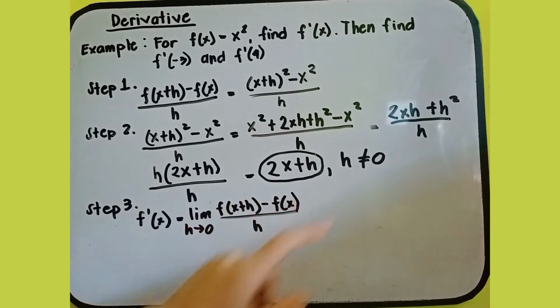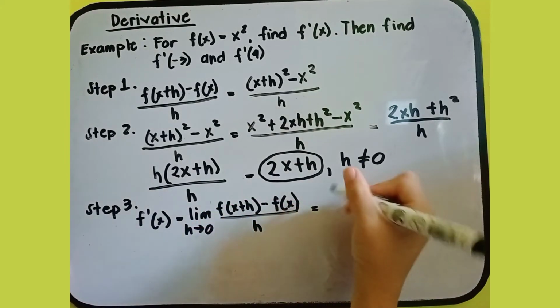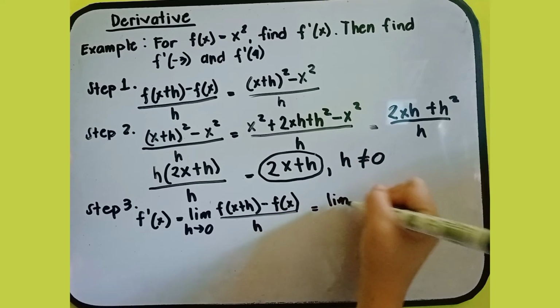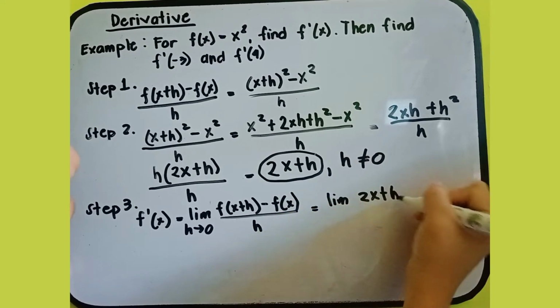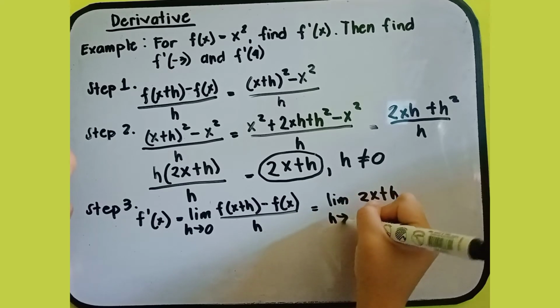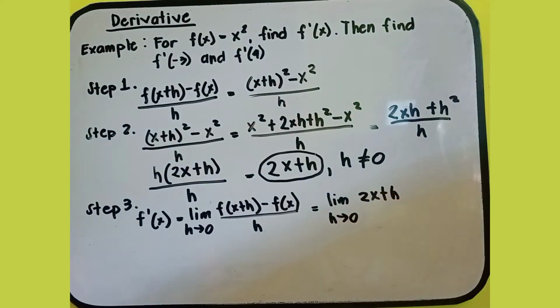We now substitute the value. Now we get the limit of 2x plus h as h approaches 0.